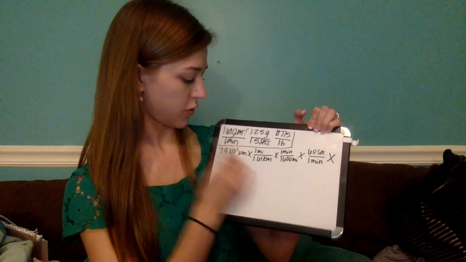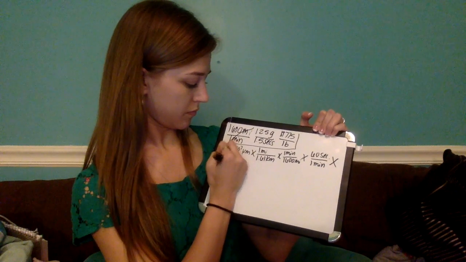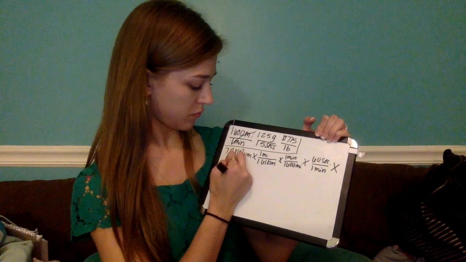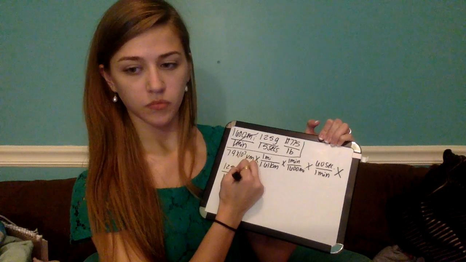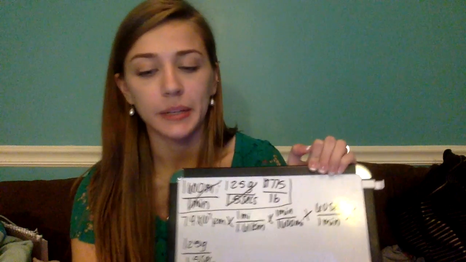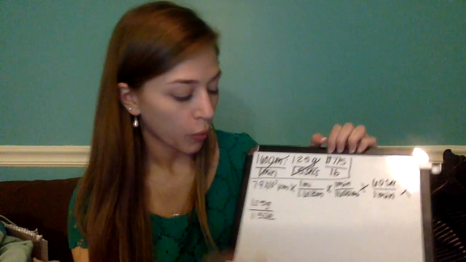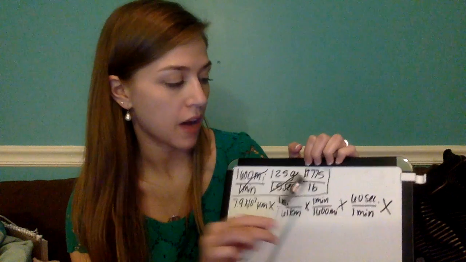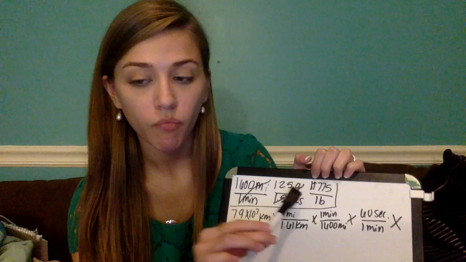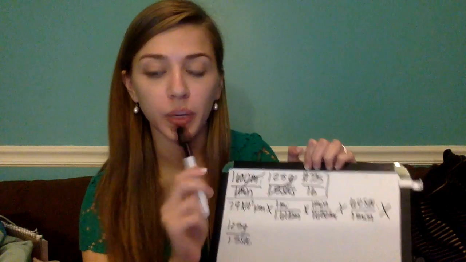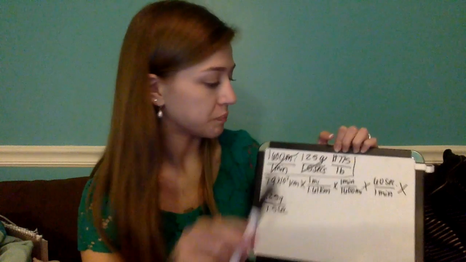Make it a little more clear. Okay, so we can cross that one out because we used it. Now we have grams and seconds, and we have pounds and money. So what we want to do next is find out the relationship between grams and pounds.